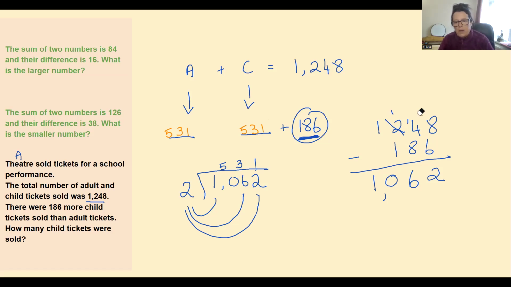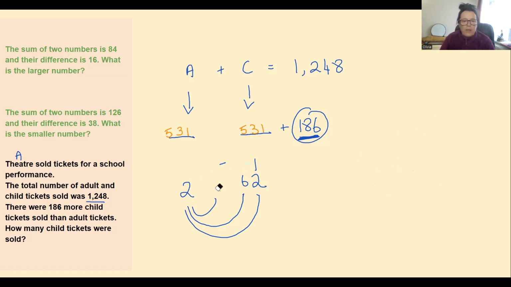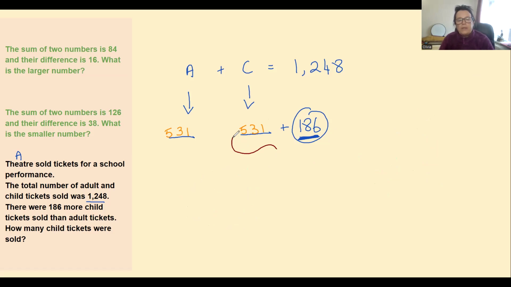So let me just rub out this here and this here to make it a little bit cleaner and neater. Now, how many children's tickets were sold altogether? So we've got 531 plus 186, which is 717.